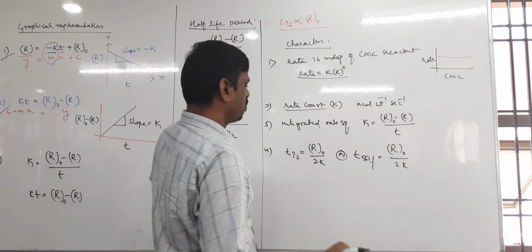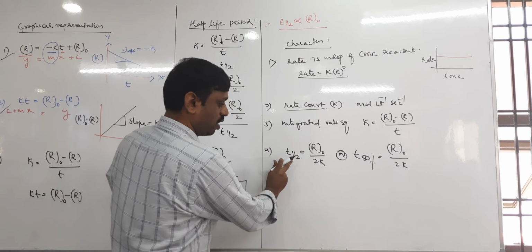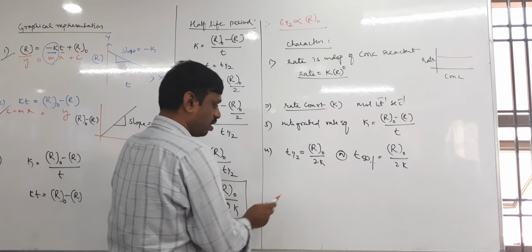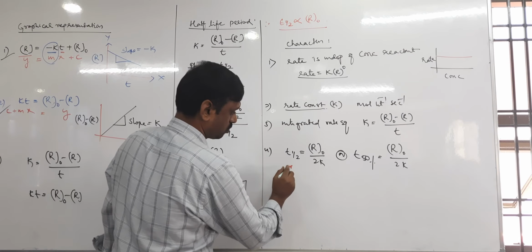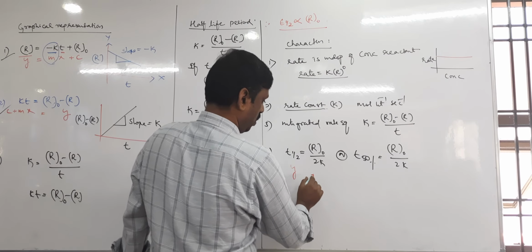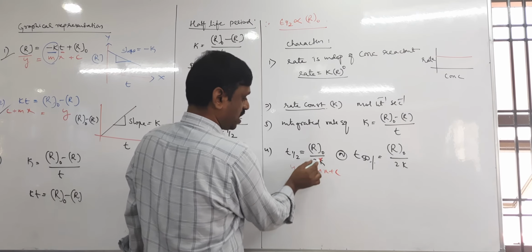So here also you can draw the graph. This T half is on the y axis, like y equal to mx plus c. On the x axis you take R naught.